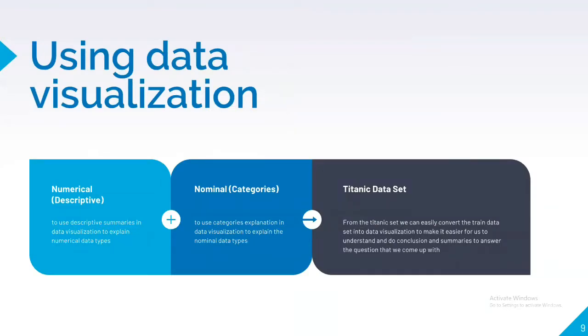Last step. By using the data visualization, we have detected there are numerical, descriptive and nominal, which is categories. Numerical uses descriptive summaries in the data visualization to explain the numerical data types.